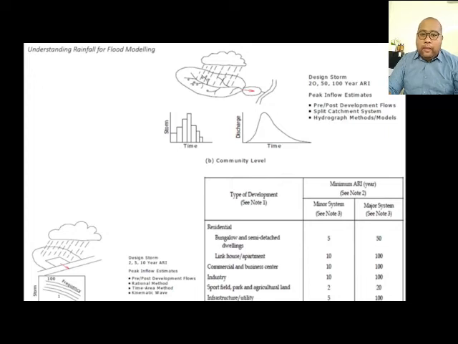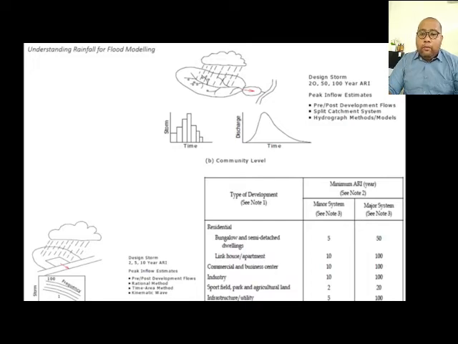So normally their ARI is less than 5 years. So that's what we call a minor system. But for the major system, for example here for the residential, you have 50 years ARI. That means you punya drain akan jadi besar, untuk tackle 50 tahun ARI.